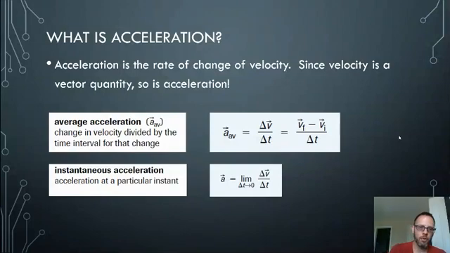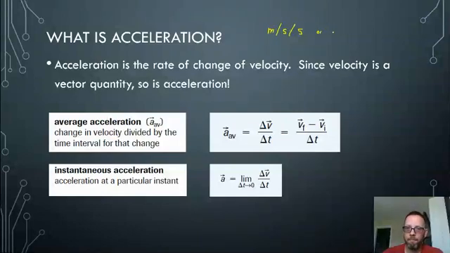Let's actually talk about the units while we're here. Because the units of velocity are meters per second, and the units of time are seconds, there are different ways we can express acceleration. A classic way is saying my object is increasing so many meters per second every second, so you may be familiar with writing meters per second per second.